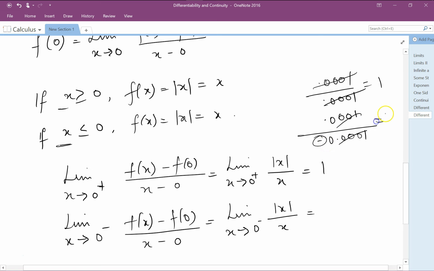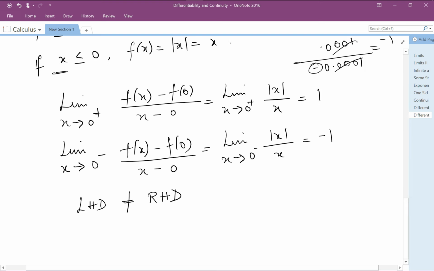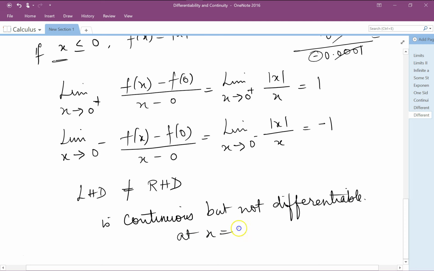So when they get cancelled, we are left with minus 1. So as you can see, the left hand derivative is not equal to the right hand derivative. Which means that this function is continuous but not differentiable at x equal to 0.